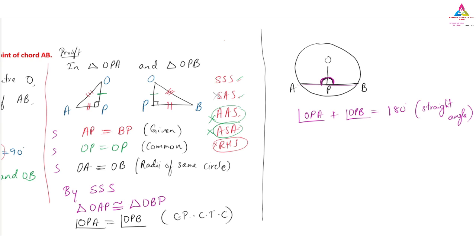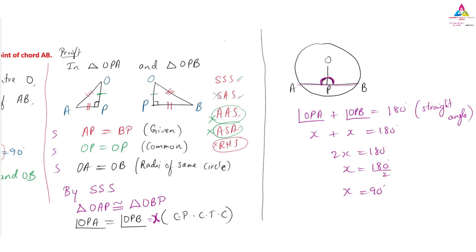Both of them are equal, so consider both the angles as x. So x plus x equals 180 degrees. x plus x is 2x, that is equal to 180 degrees. So x is equal to 180 divided by 2, so obviously it is 90 degrees.